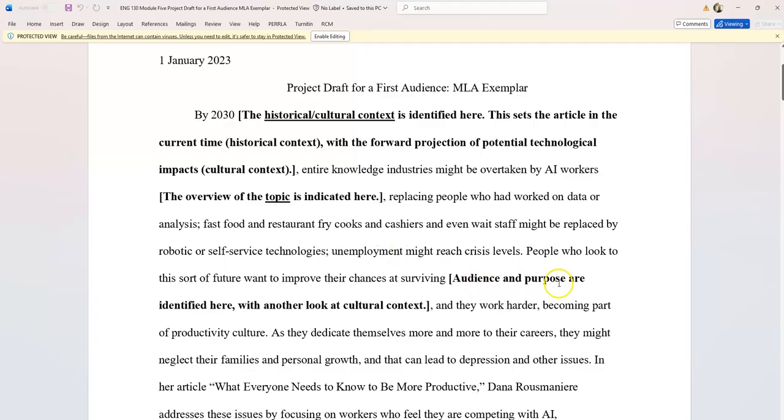And notice here it says audience and purpose are identified here. Replacing people who work on data analysis, fast food and restaurant fry cooks and cashiers, even wait staff might be replaced by. So notice he's making it clear who his audience is.